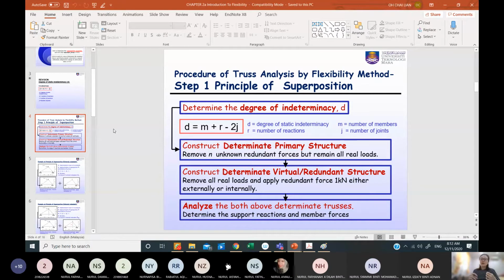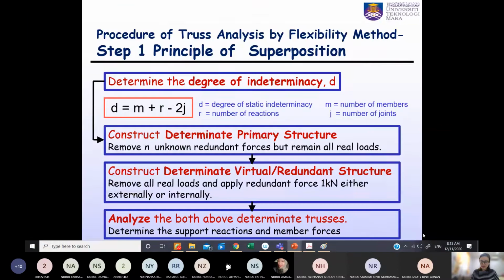Once you get the problem of an indeterminate truss, what you need to do first is identify how many redundants you need to remove, so that the indeterminate system becomes a determinate system. You need to use these equations to get the value.